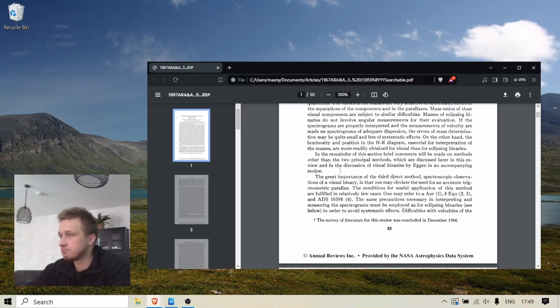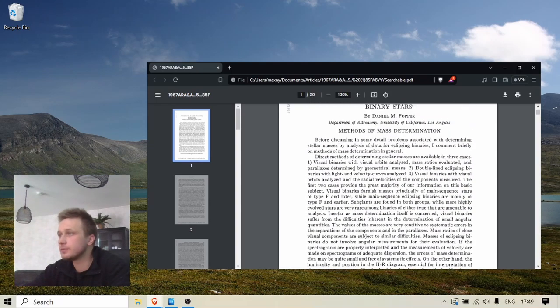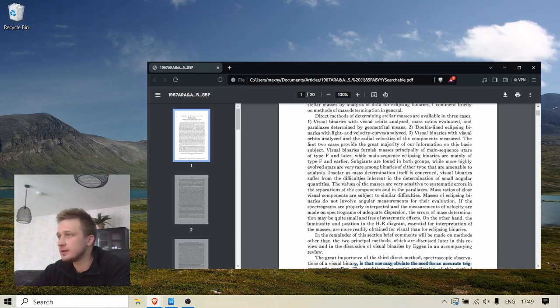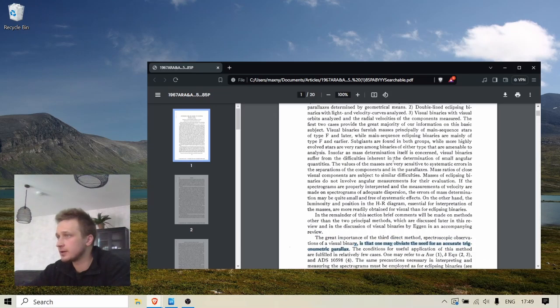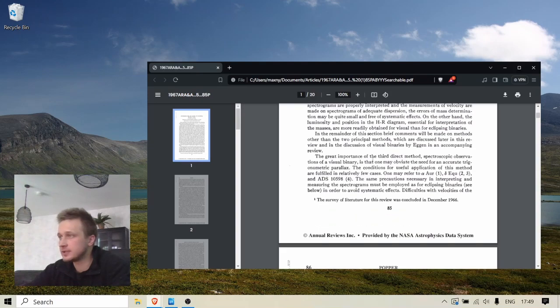Okay. The third is one that may obviate the need for accurate trigonometric parallax. So for that one you might not need the parallax, which might be why you don't need the very small, the difficulties inherent in the determination of small angular quantities.